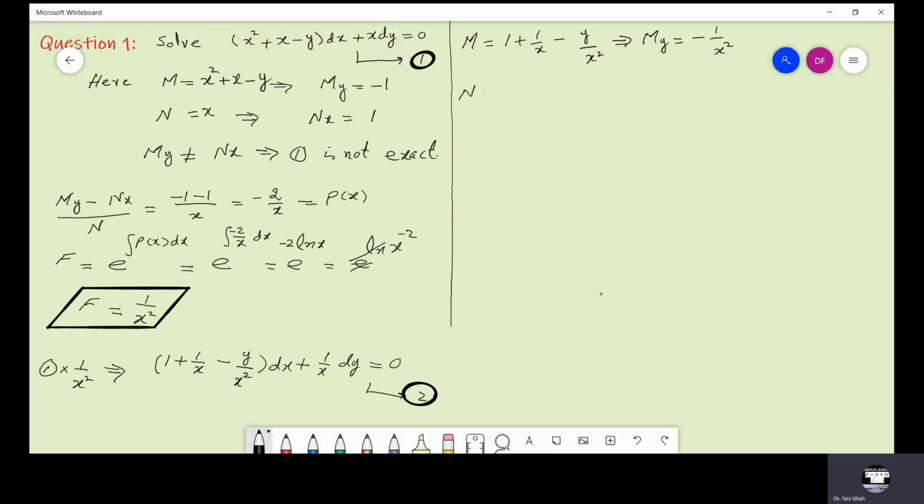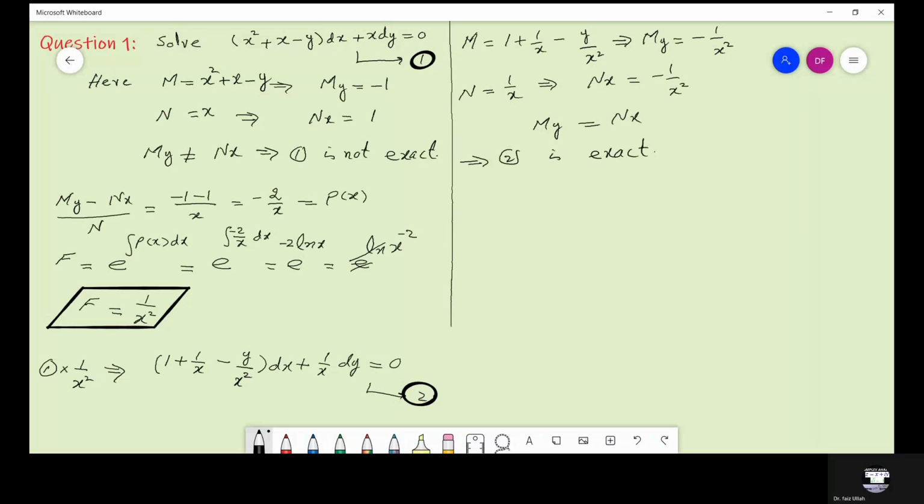And the coefficient of dy is called n, which is 1 over x. So if I partially differentiate n with respect to x, I get minus 1 over x square. And here we can see that my is equal to nx, which implies that equation 2 is an exact ordinary differential equation.